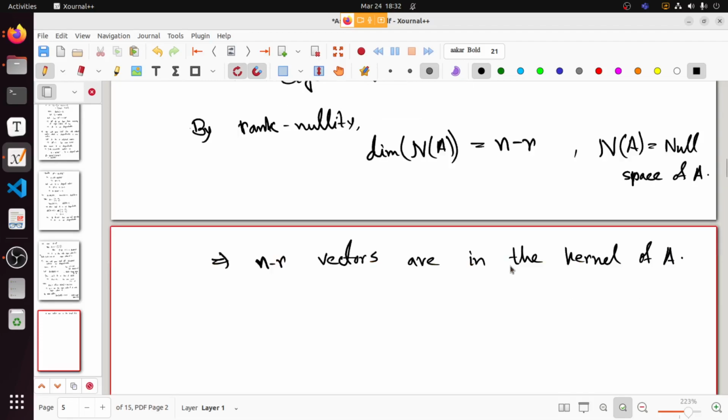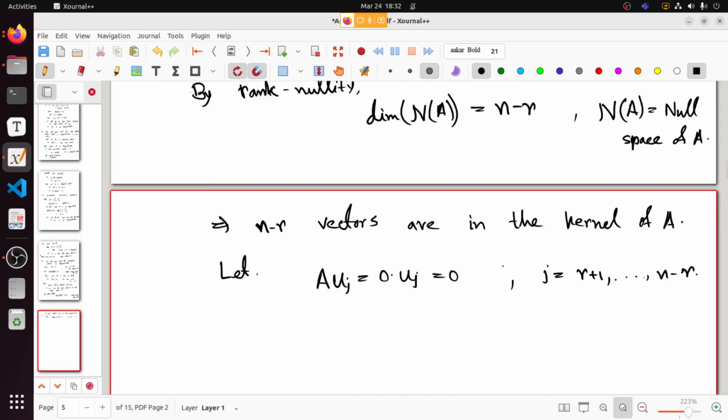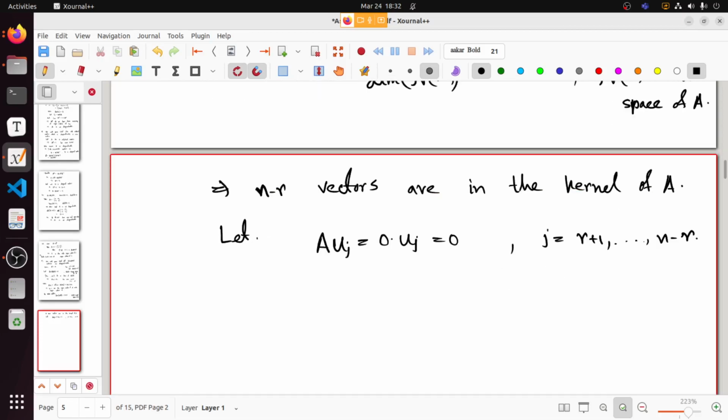So let's take A of uj equals 0 times uj, because this is 0, for j equals r plus 1 up to n. So the uj are again eigenvectors of A with eigenvalue 0.